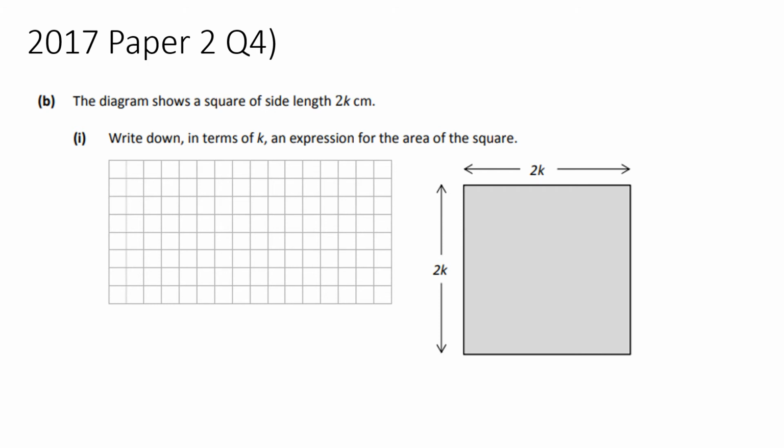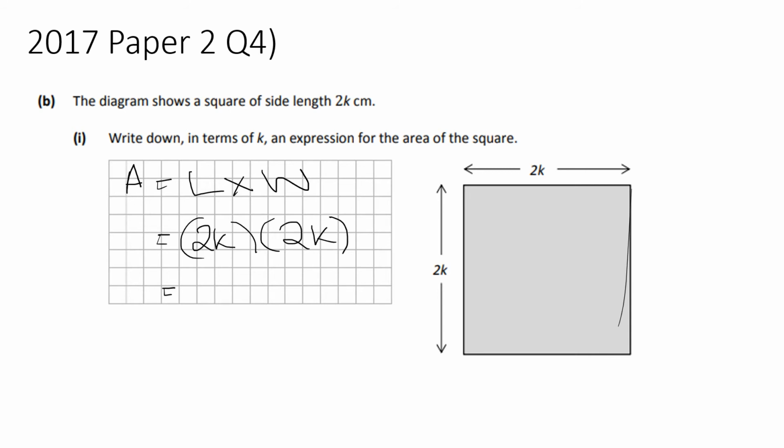For part b, the diagram shows a square of side length 2k. So this is 2k here, this is 2k here, 2k across, 2k across. Write down, in terms of k, an expression for the area of the square. Well, we know that the area of a square is equal to length times width. The length here is 2k, and the width is also 2k.